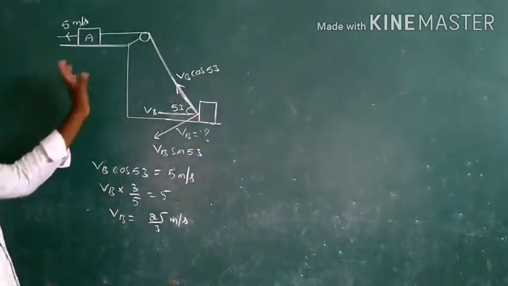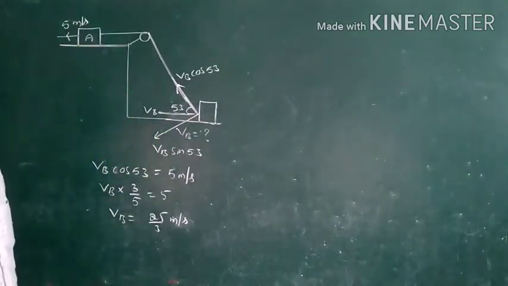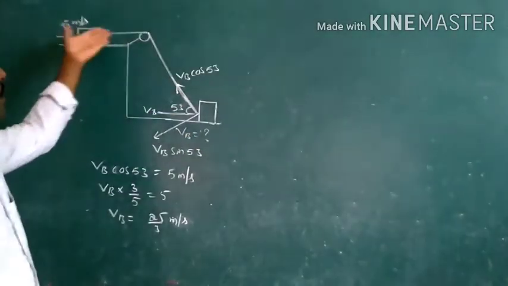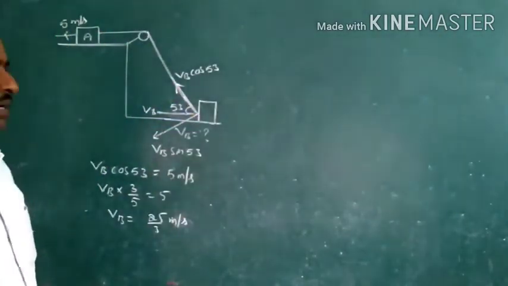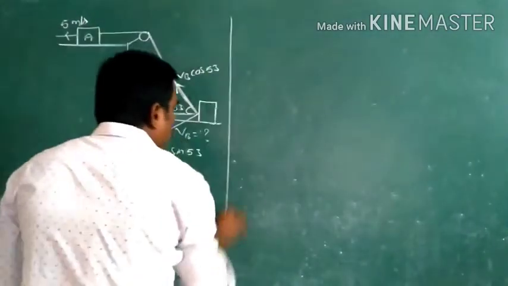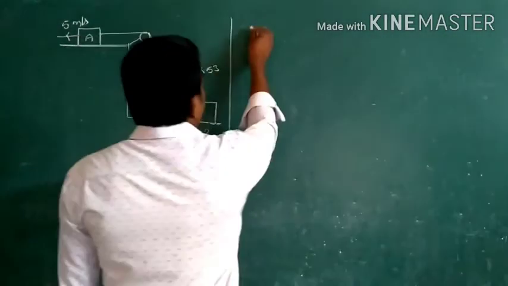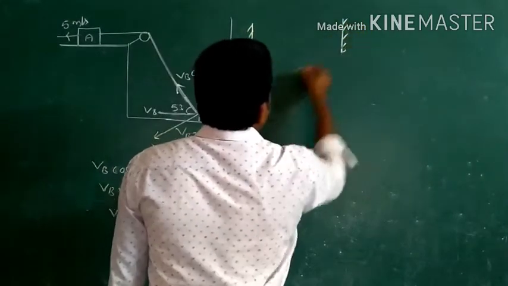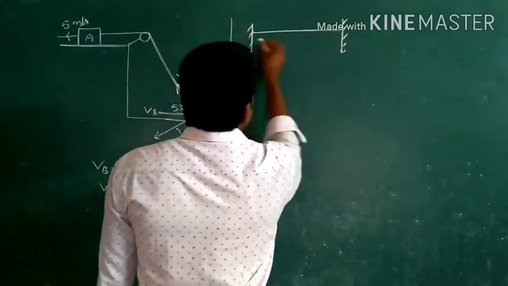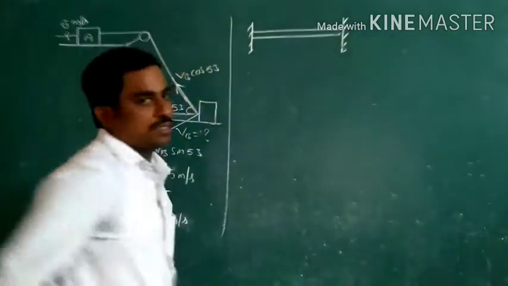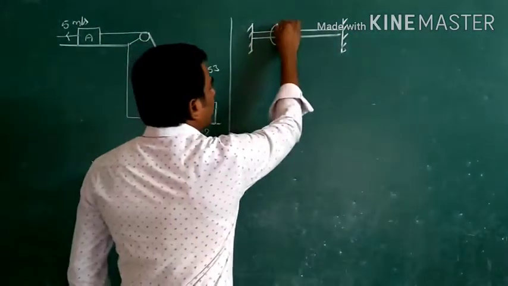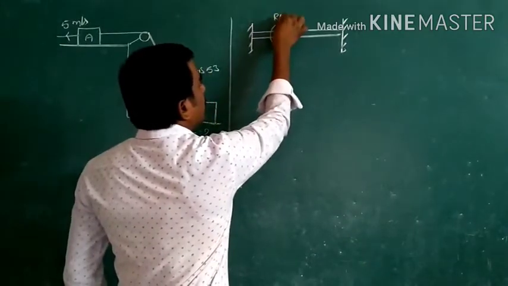So in this condition, we are going to assume that the components of velocities along their strings are equal. That's it. Let us take one more question. This is one rigid support and this is another rigid support. In between the two rigid supports, we take one iron rod, and to that rod we arrange one ring.